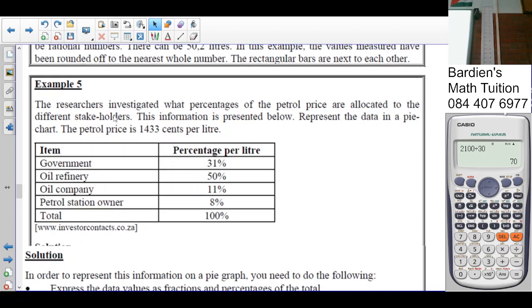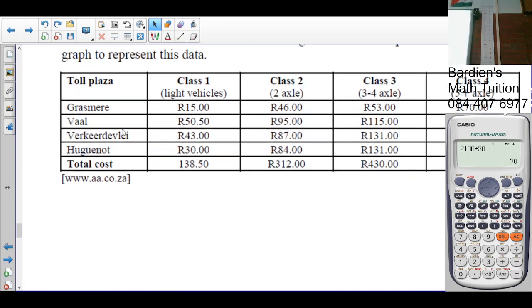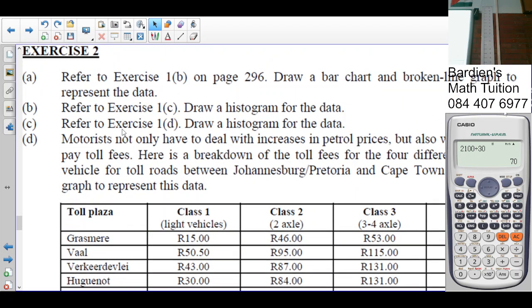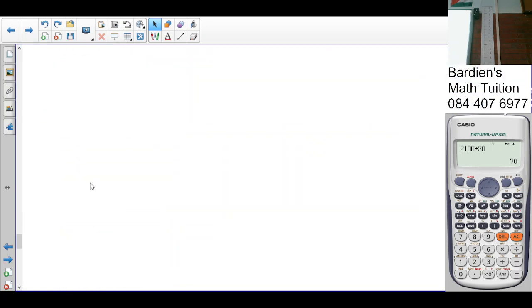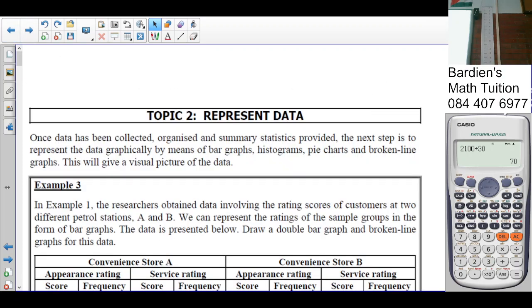So for homework, I want you guys to do exercise 2. You can draw a bar graph. You can do A, B, C, D. And that is for Monday.